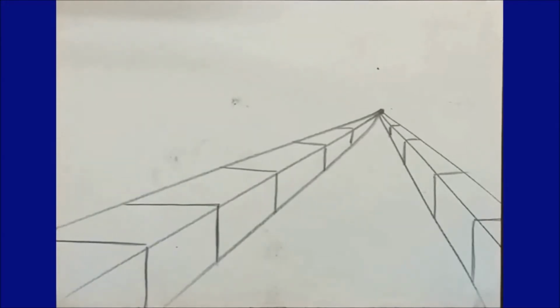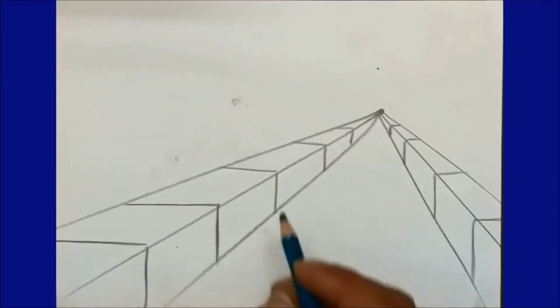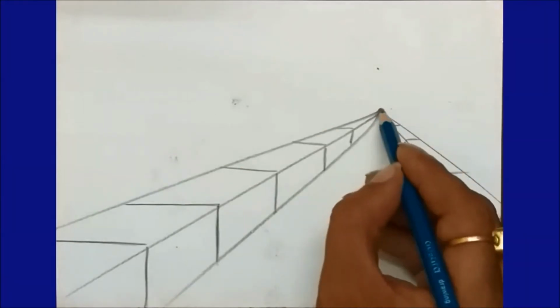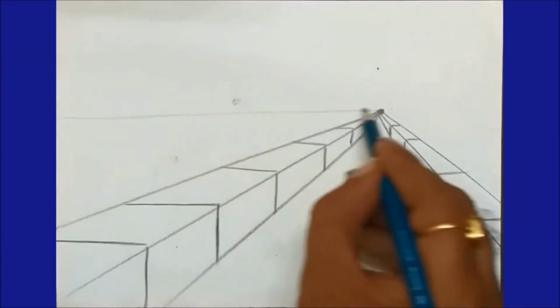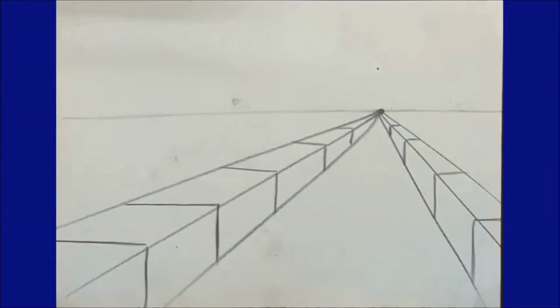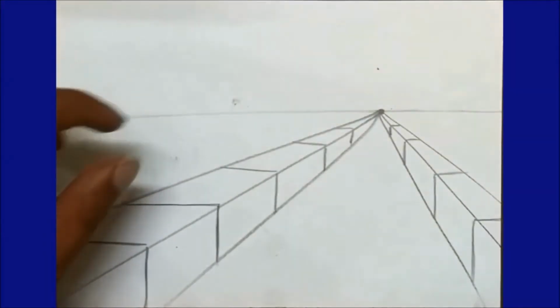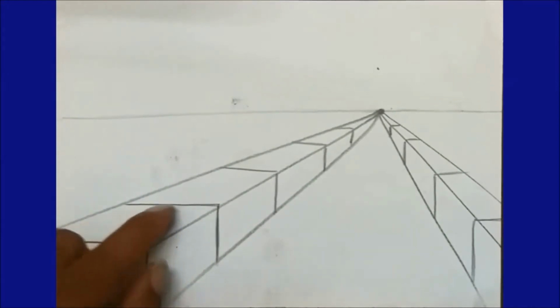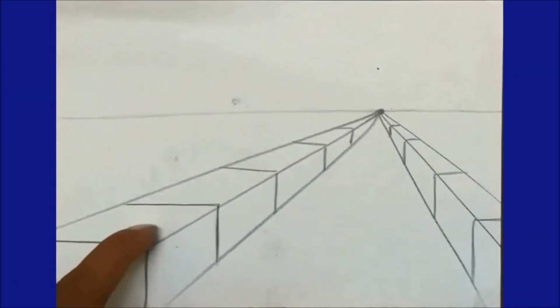Now for the houses, this is my eye contact level. I am showing this slipping line passing through a VP point, the vanishing point. This is my eye contact line. If a house is under the eye contact line, then you can see all the terraces easily.